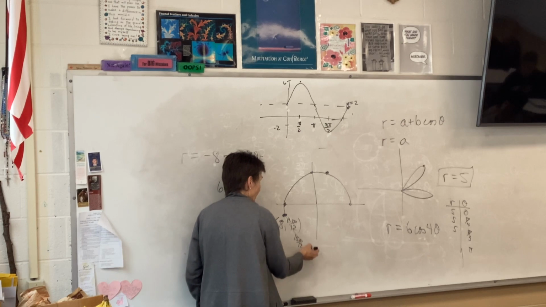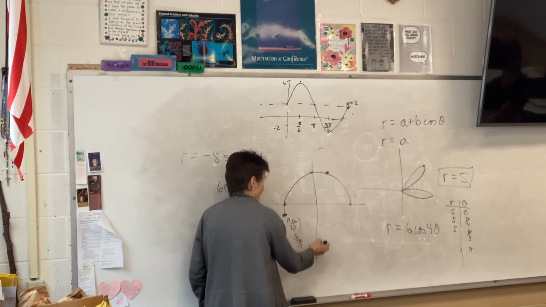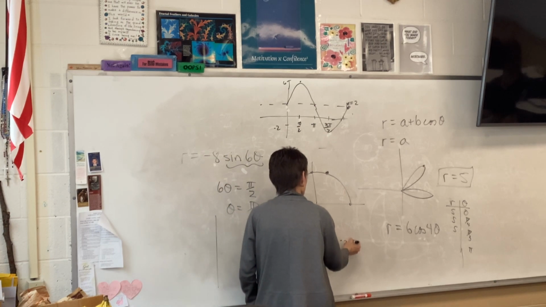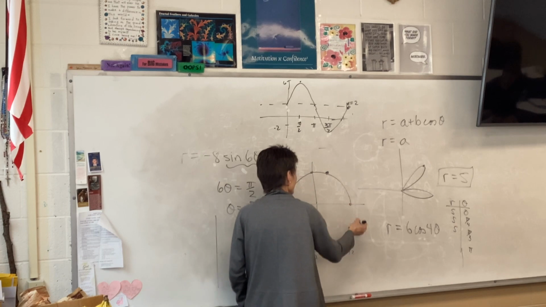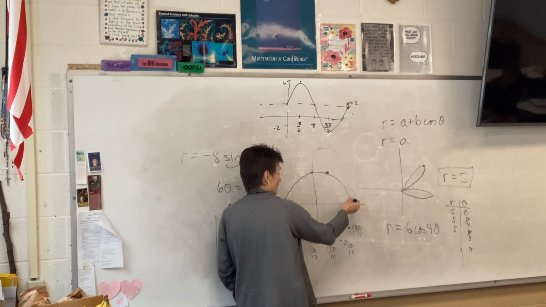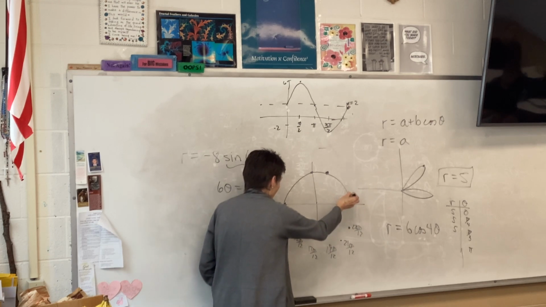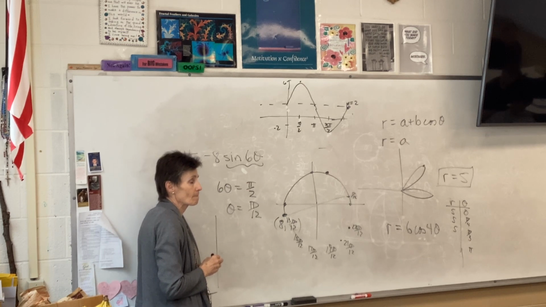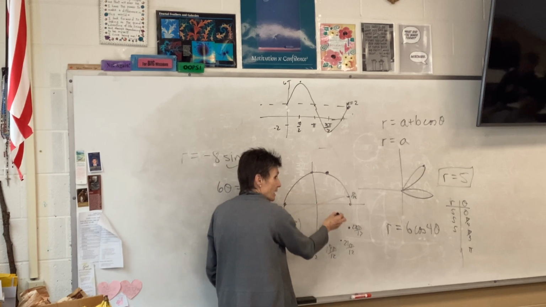Okay, and then you're going to have another one at 17 pi over 12, 19 pi over 12. We're trying to figure out our symmetry here. Anybody figuring it out? Let's see, this would be 23 pi over 12. Where will the next one be? At pi over 12? Because that one is going to match up with this one, isn't it? And that one's going to match up with this one, and so on.